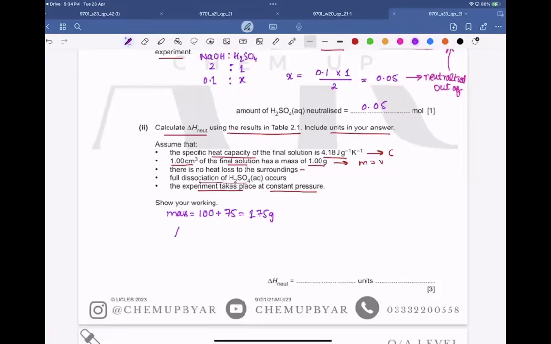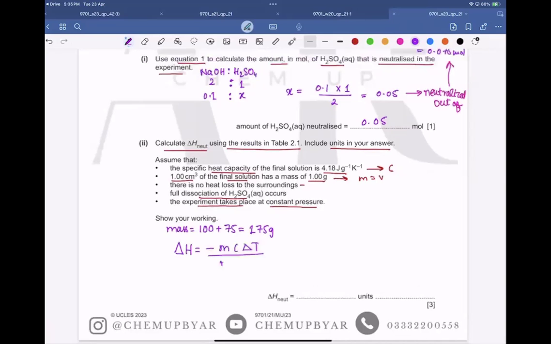Okay. So if you recall the enthalpy change of neutralization formula, it was minus mcΔT over n times 1000, right? So minus 175 times the specific heat capacity, which is given over here, 4.18, times the change in temperature.